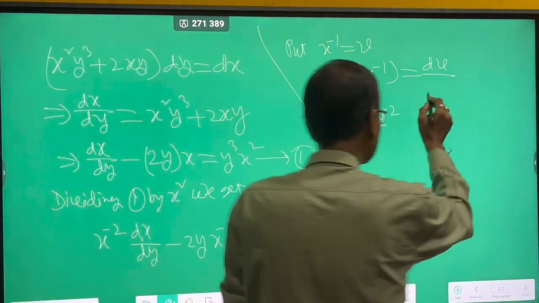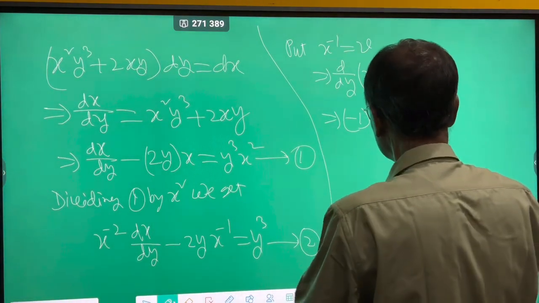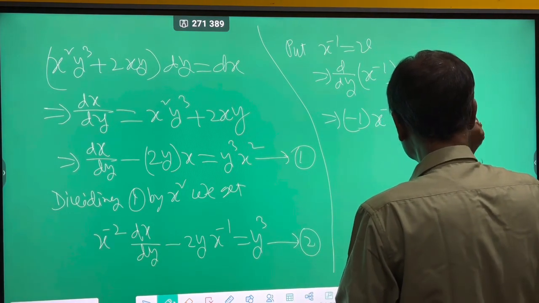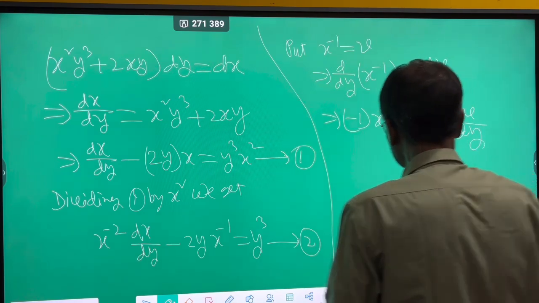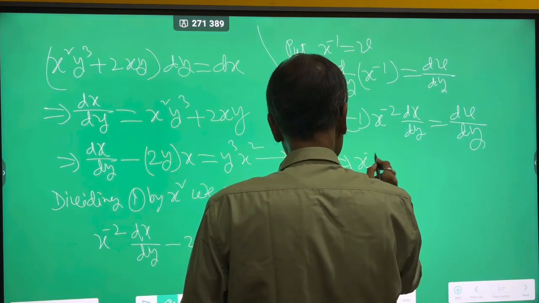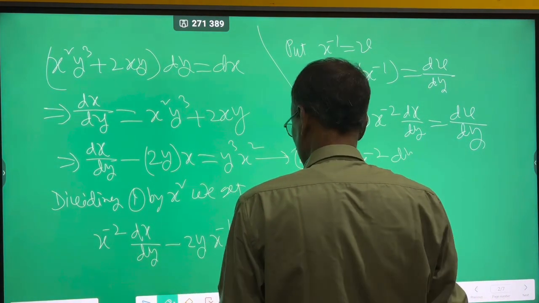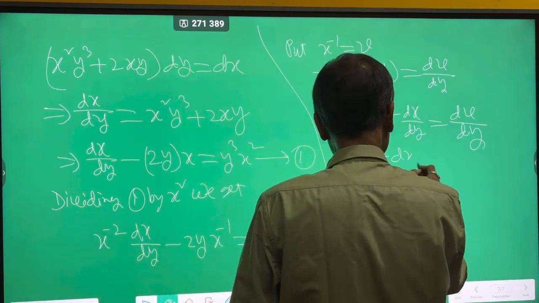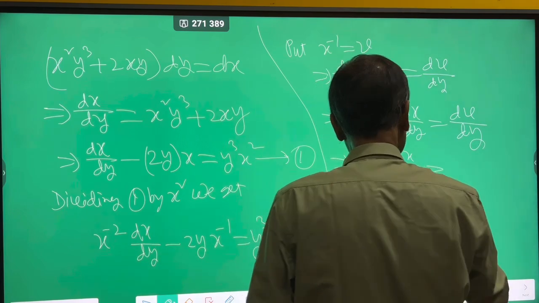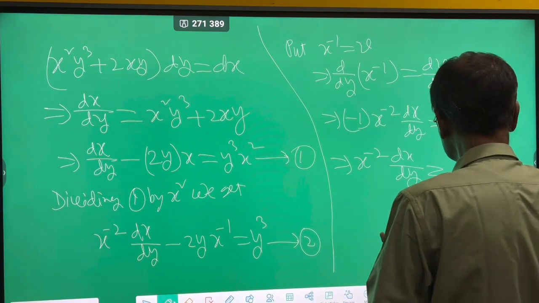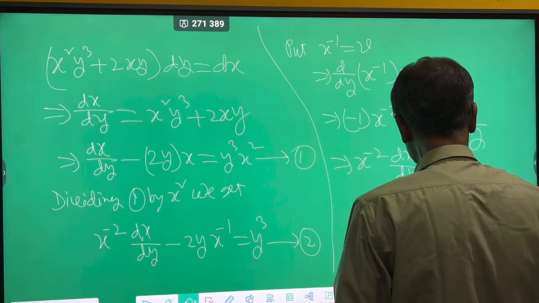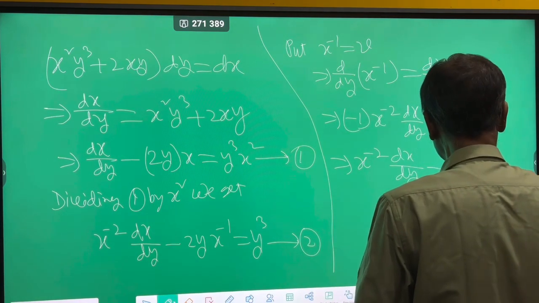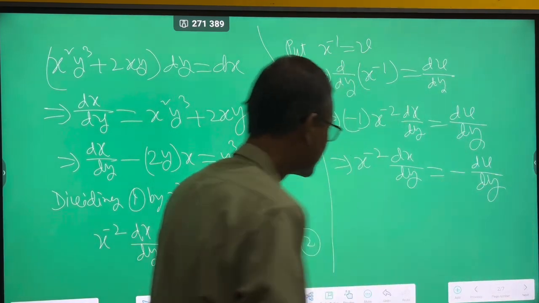So x to the power minus 2 dx by dy equal to minus dv by dy.